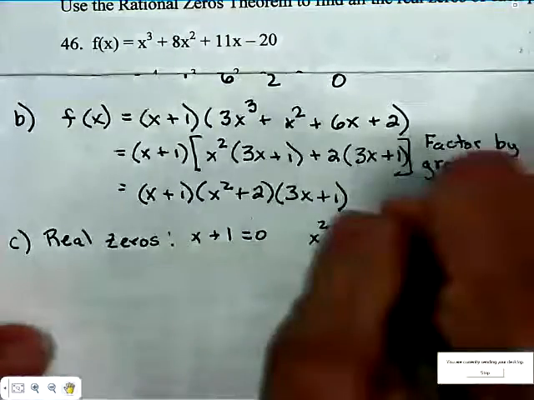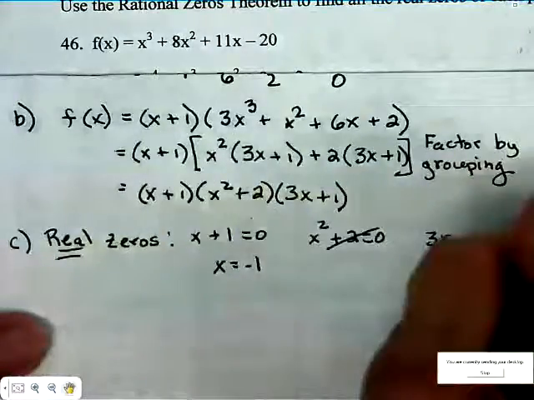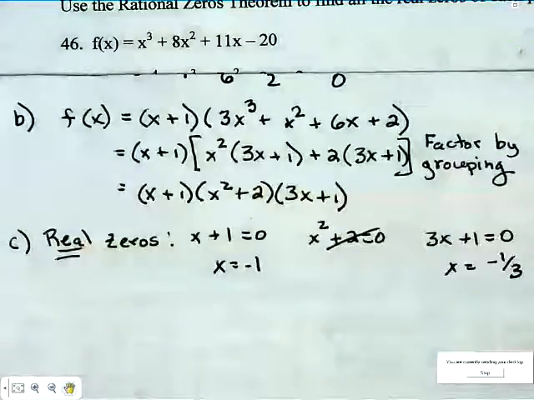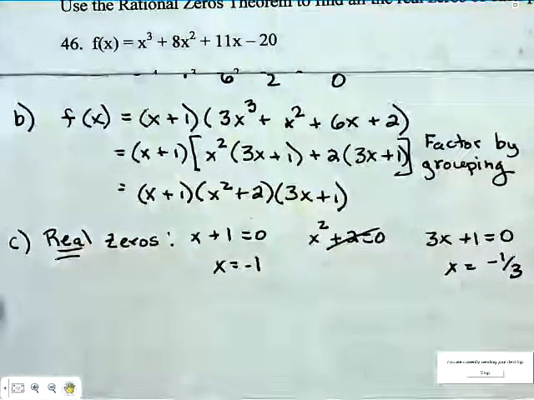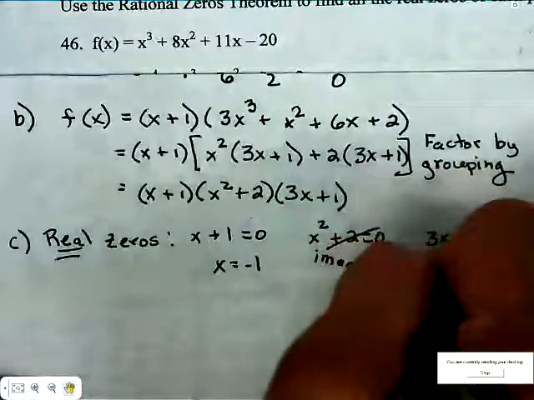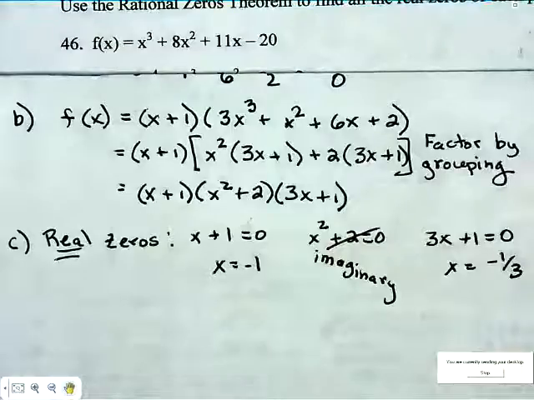So my only real zeros are -1 and -1/3. How many x-intercepts does this graph have? Just 2, because imaginary zeros can't be x-intercepts.